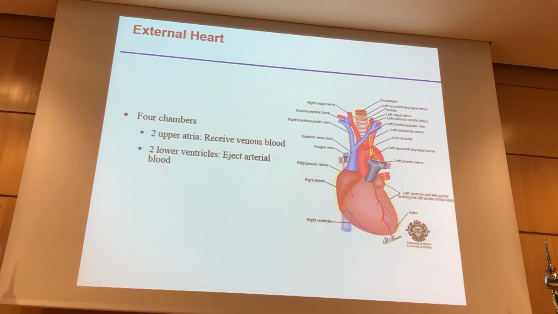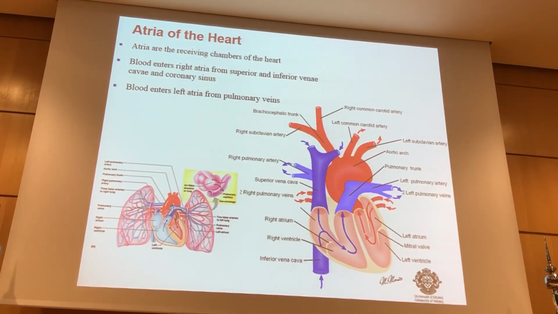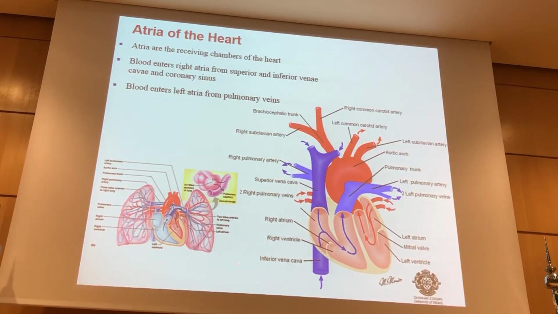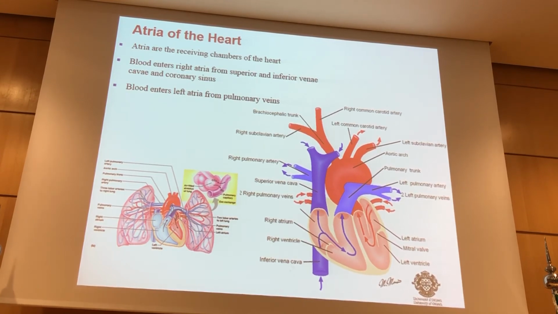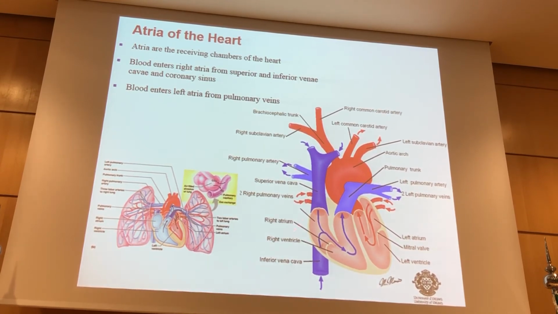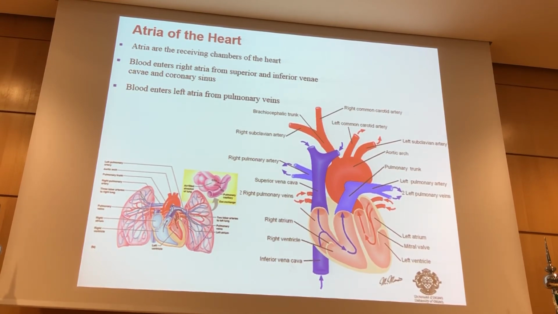heart deals with oxygenated. Now, if you still remember, all non-oxygenated blood, regardless, even from the heart itself, will drain into the right atrium, will open into the right atrium, right? Yes. And from there into the right ventricle.